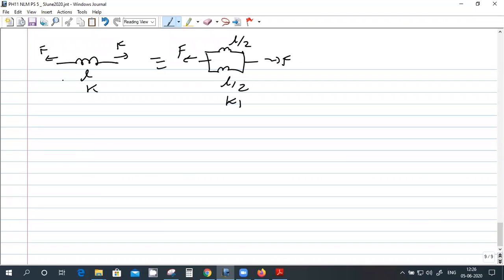Here F equal to K into X. Here, what is the force which is stretching the spring? F or something else? F1. How much is F1?